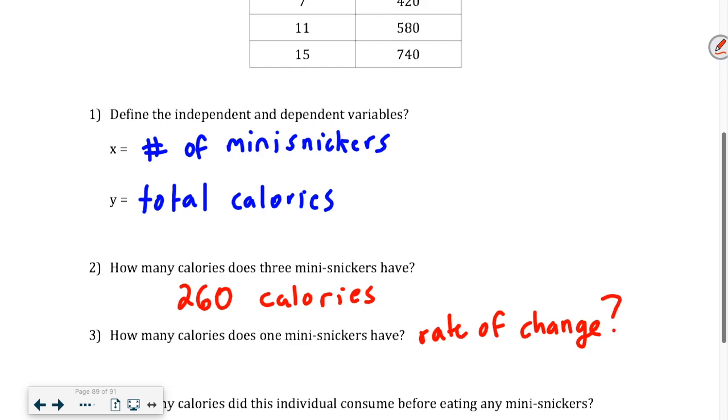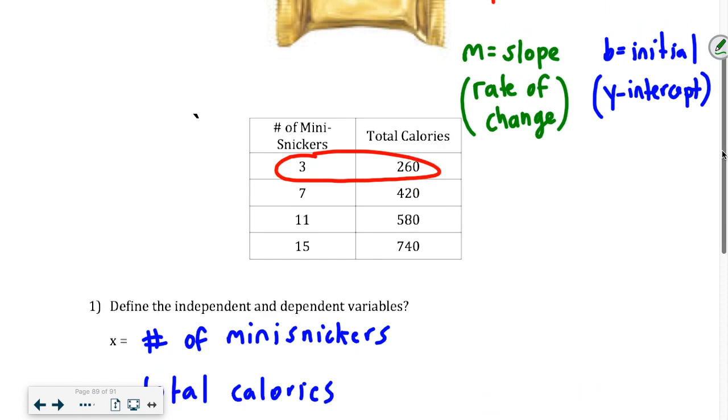All right, so let's go ahead and find that rate of change. Change in y over change in x. So here's our x, here's our y. We know that it changes here. So it changes in the y direction by 160 calories, and for every 4 Snickers.